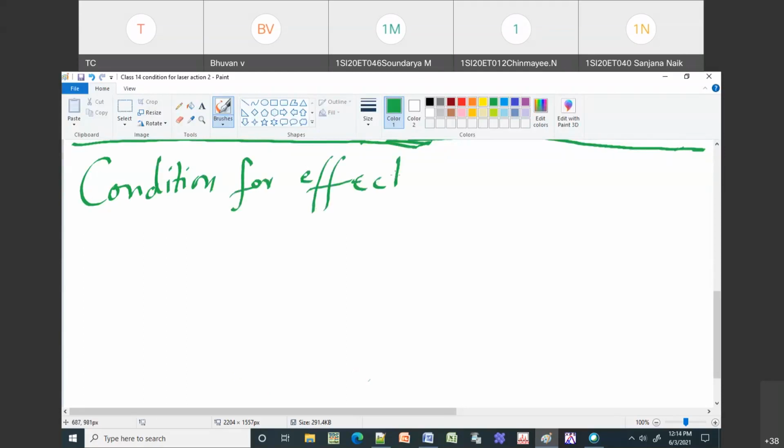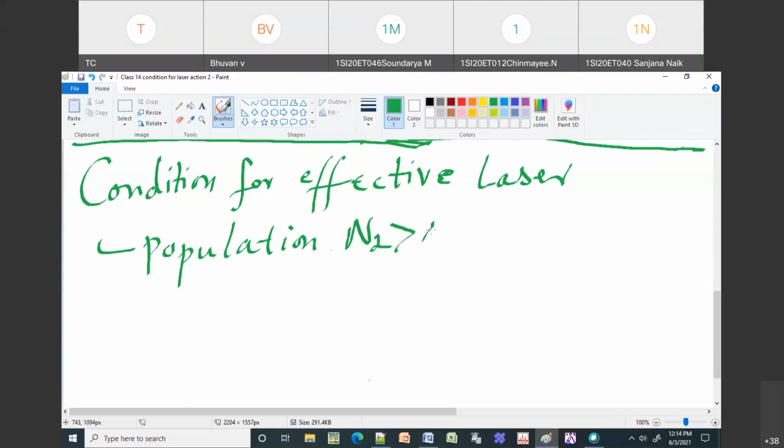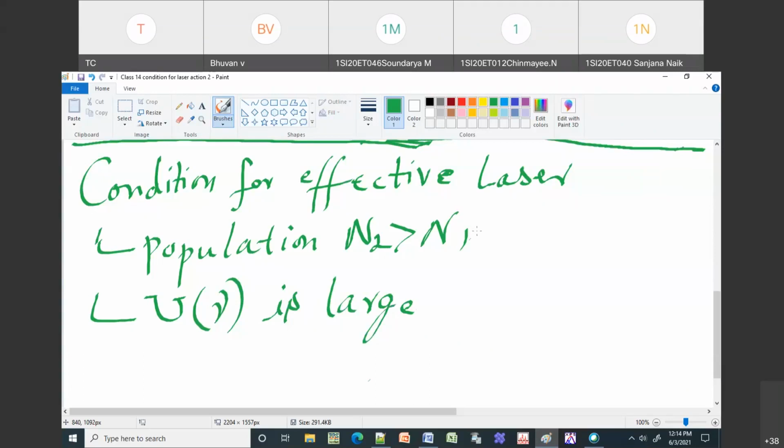There are two conditions. The first one is population inversion, that is N2 is greater than N1. The second one is that your energy density has to be very large. We need to keep these in mind, and we will see how to achieve this experimentally. Only then can I build an efficient laser.